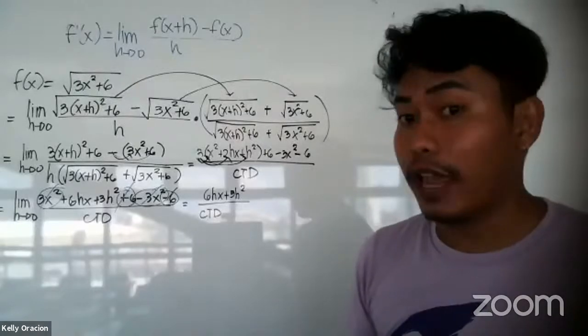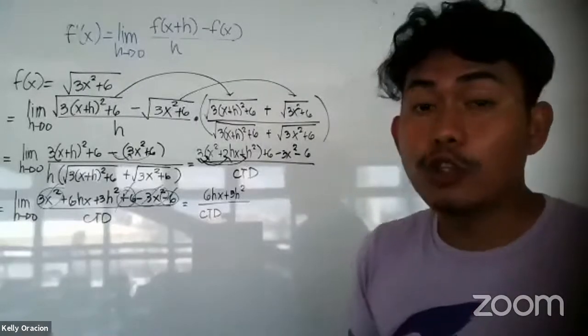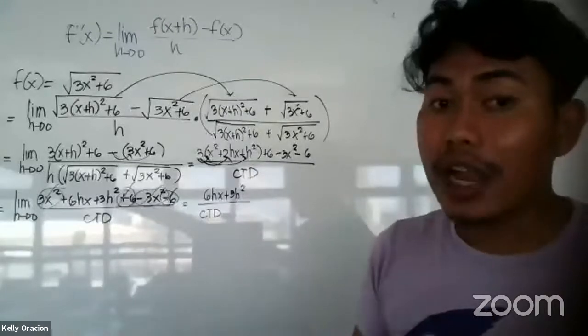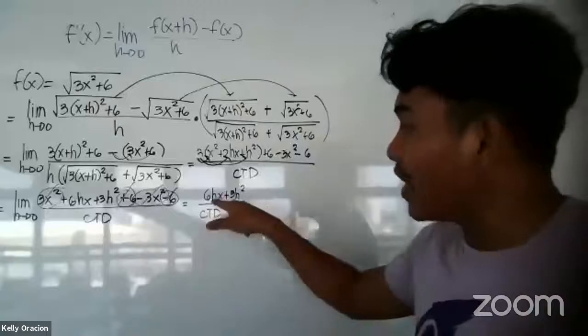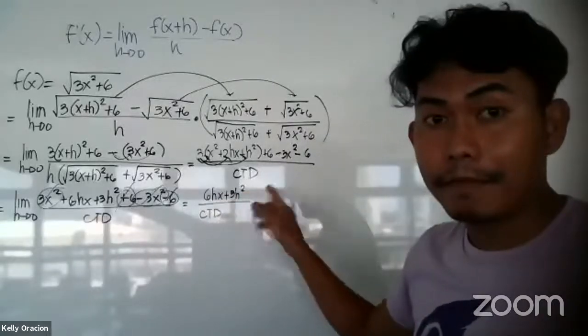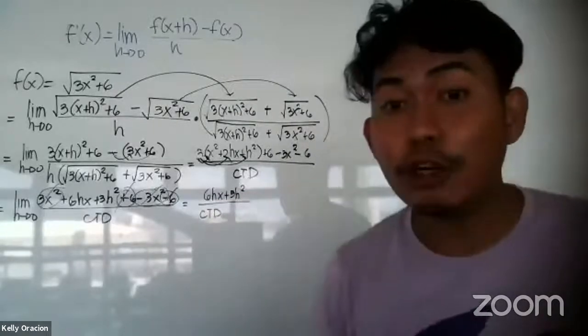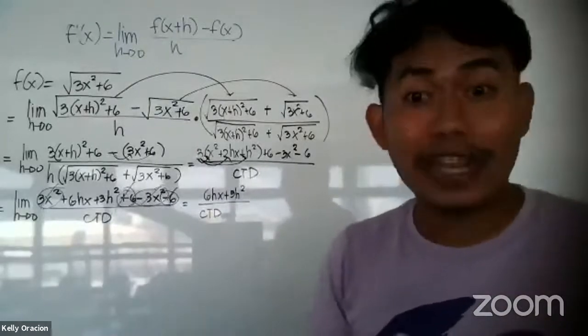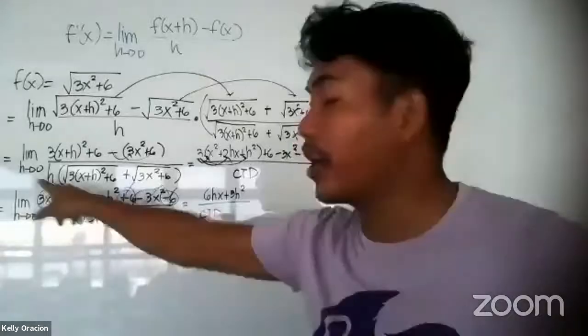Class, na-notice ninyo, lahat ng terms sa numerator, the 6hx and the 3h squared, consists of a variable h. So you need to factor out h, para later on ma-cancel yung h sa denominator, kung saan yan yung goal natin to eliminate this variable h.